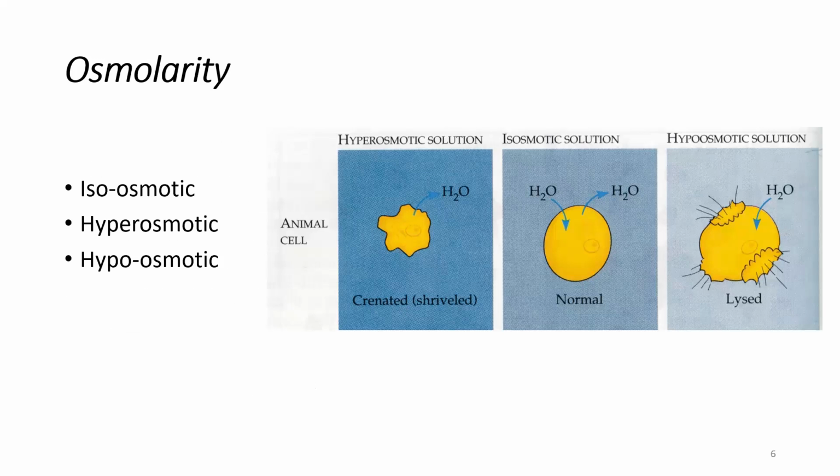And now as we speak about osmolarity, we can talk about different types of solutions. We can speak about an isoosmotic solution. This is a solution that is the same osmolarity relative to another solution. Okay, so if we're thinking about a cell that's dispersed in water, if there's pure water inside the cell, pure water outside the cell, or even if there were the same amount of solutes dissolved in the solution inside the cell as there are dissolved in the solution outside the cell, we would then see an isoosmotic state, right, or an isoosmotic solution.